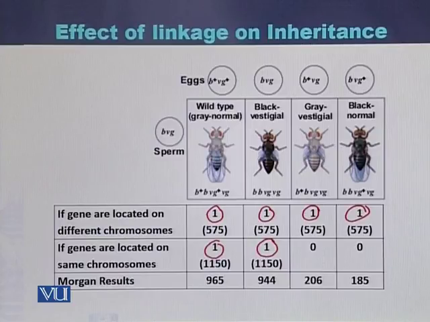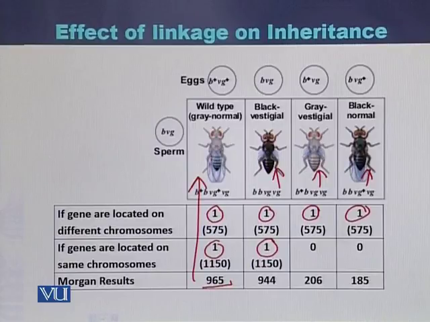But the results of Morgan were 965 of this type of flies, 944 of this type, 206 of this type, and 185 flies of this type. So the results of Morgan were not according to the test cross.